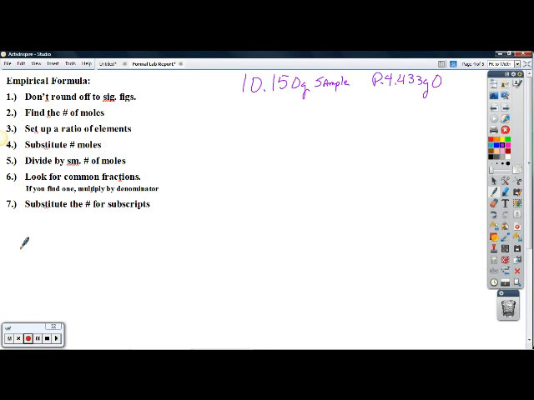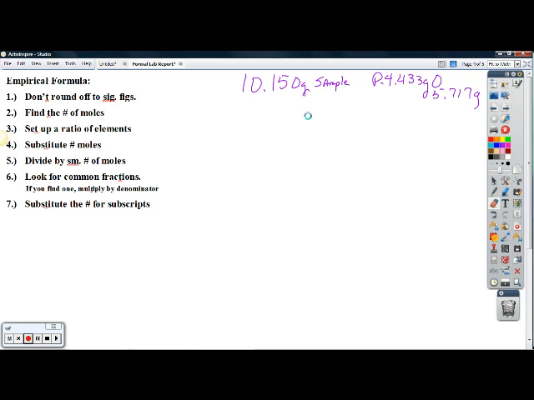Phosphorus and oxygen. I know phosphorus. So I need to subtract to get oxygen. So minus 4.433. Somebody with a calculator. What's that number? 5.717, I believe. Yeah. Grams.